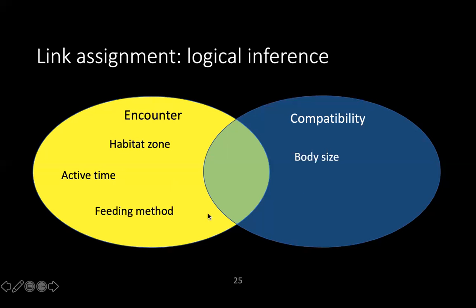And then for compatibility, we thought about body sizes, possible defenses of the prey or the host, how host specific are these parasites? Maybe we know from studies of them that they only infect one host species, etc. And if we had evidence that they both encountered each other and they were compatible, we assigned a link.